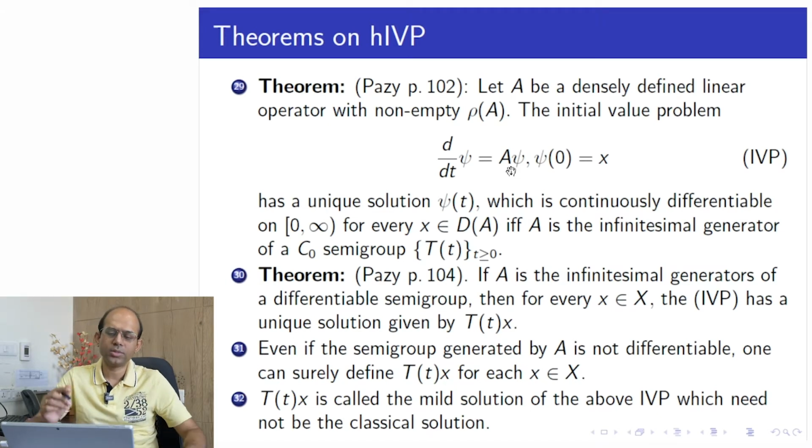That theorem is useful because, given the operator, if we can identify the C0 semigroup, we can write down the solution of this equation using the semigroup, and the solution turns out to be T(t)x. Here, if we have some more terms on the right-hand side, so d psi/dt is equal to A psi plus another member in the Banach space, or maybe a Banach space valued function of time, then how do we find the solution?